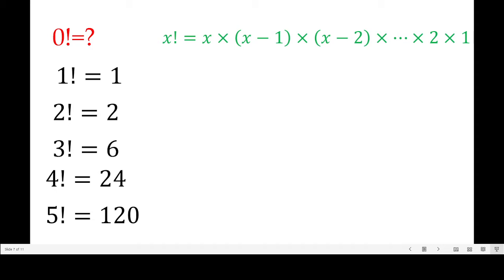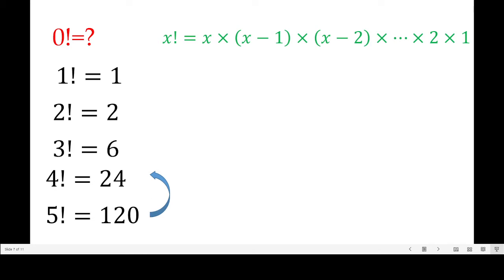And now I want to come back from 5 factorial to 1 factorial. If I want to come back from 5 factorial to 4 factorial, the value 120 is divided by 5.